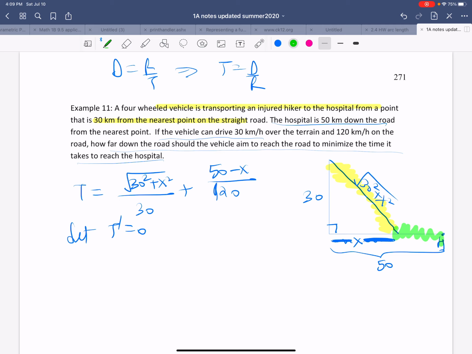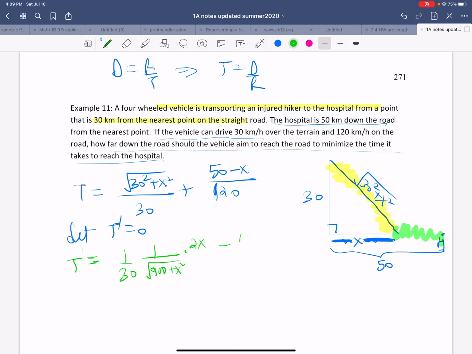So let's go ahead and find the derivative t prime and set it equal to 0. In this case, that would be 1 over 30. We'll have to use the chain rule: 1 over the square root of 900 plus x squared times 2x, plus 50 over 120, whose derivative will be 0, minus 1 over 120.